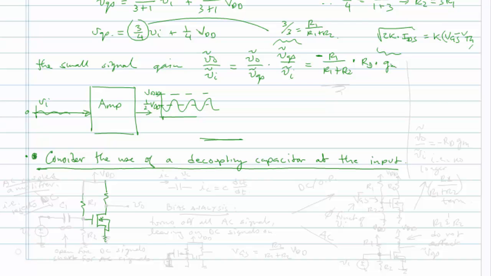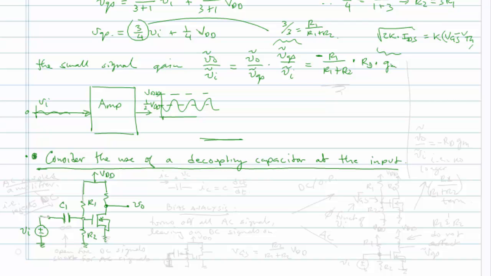We will have our two resistors, R1 and R2, and R1 still gets tied up to VDD as before. The difference is that R2 gets tied to ground, and instead we are going to connect VI, or a VI source, through a capacitor. Okay, C1.